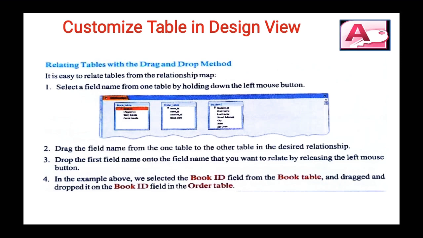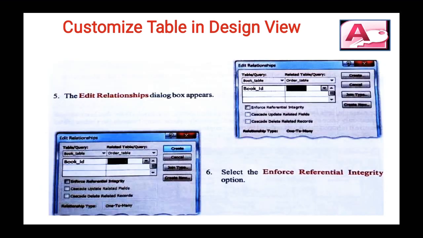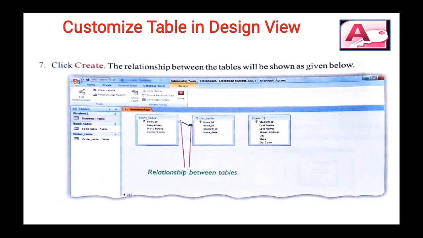The Edit Relationships dialog box appears. Select the Enforce Referential Integrity option. Click Create. The relationship between the tables will be shown as it has been shown in the slide.